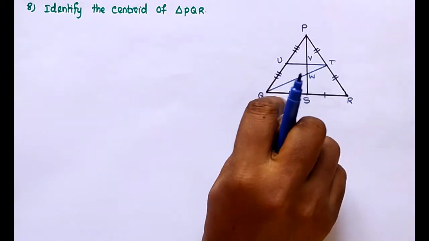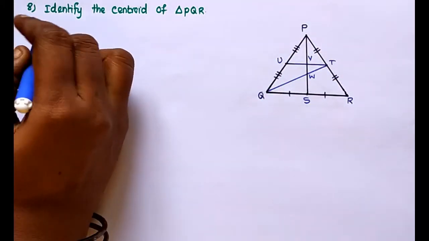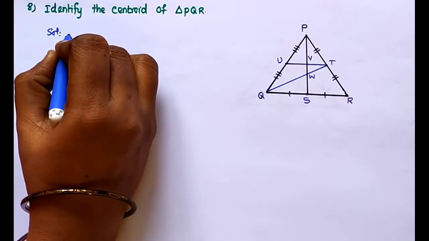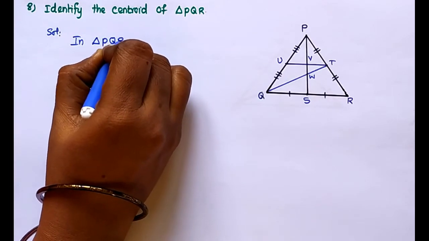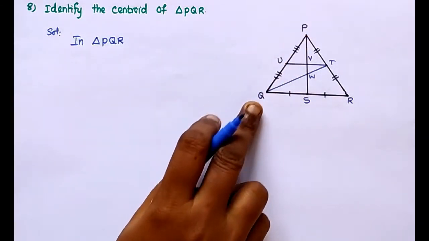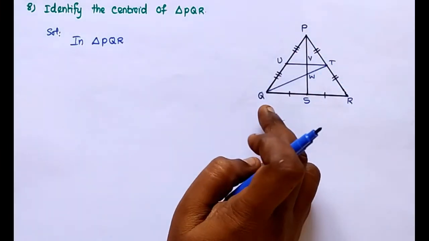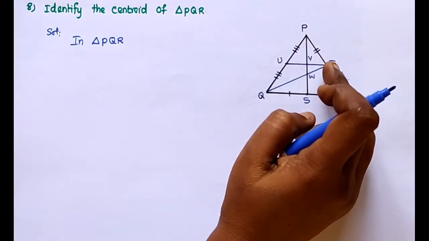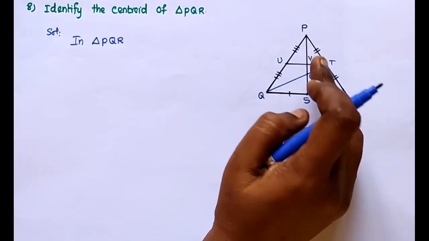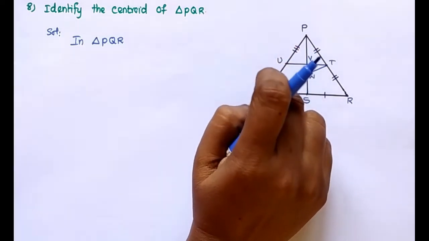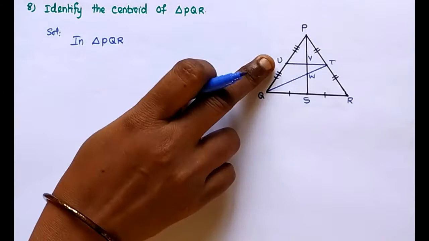They given the triangle and the medians also. Listen, in triangle PQR, PS is the median here, QT is the median, and here listen, these two distances are equal, means this is the median.